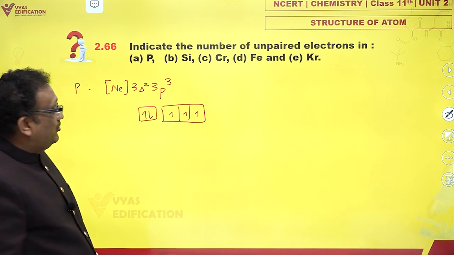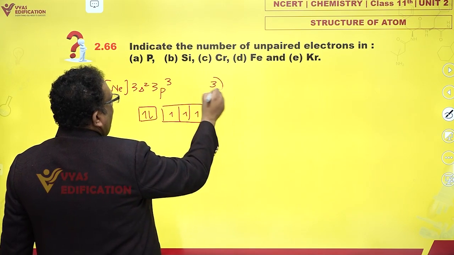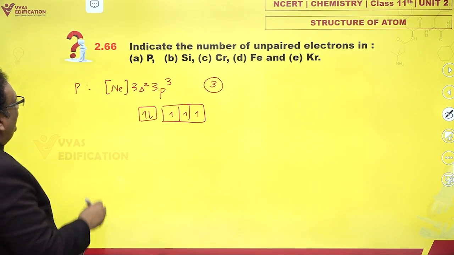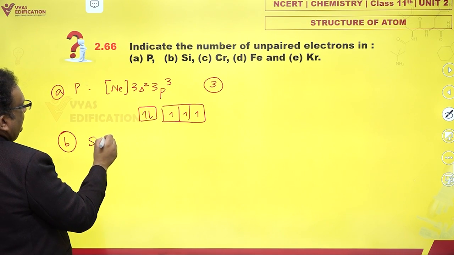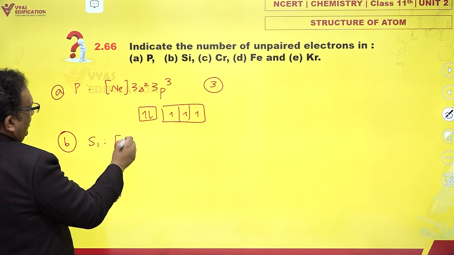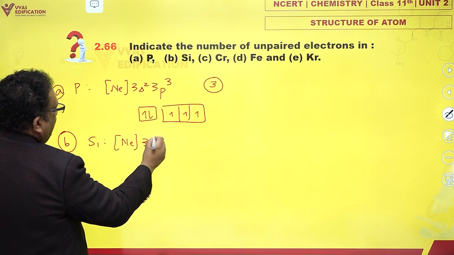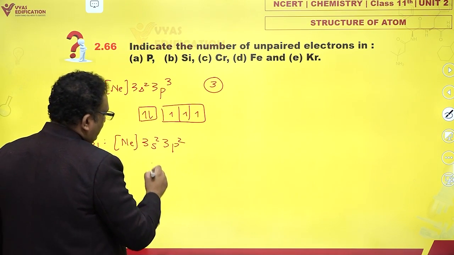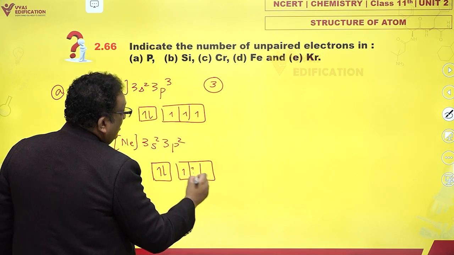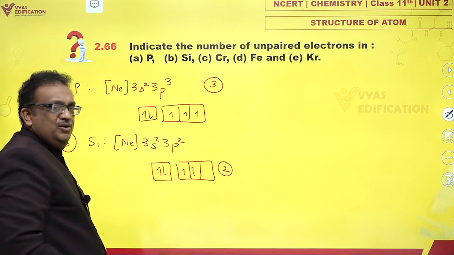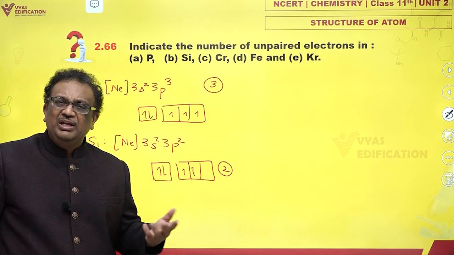The number of unpaired electrons is 3. This is A part. B part, silicon. Neon 3s2 3p2. So number of unpaired electrons is 2. You can just draw the electronic configuration and get that.